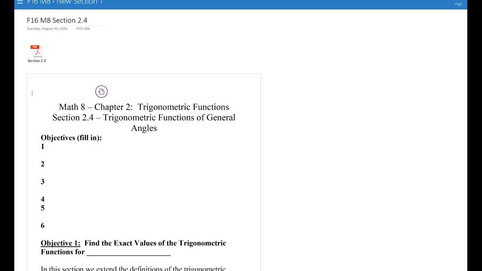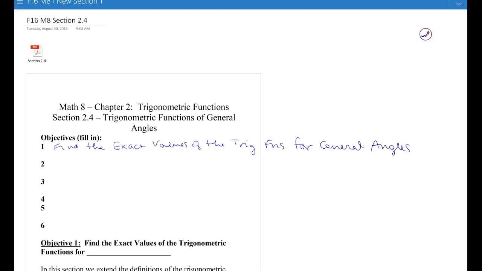So we're going to work on section 2.4 today, and we have 6 objectives. The first one is going to be to find the exact values of the trig functions for general angles. So you'll see this is going to be moving out from the world of triangles, and we're just going to be talking about angles.